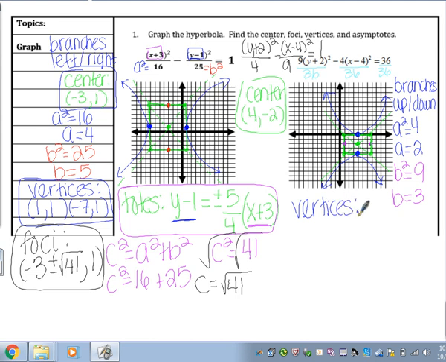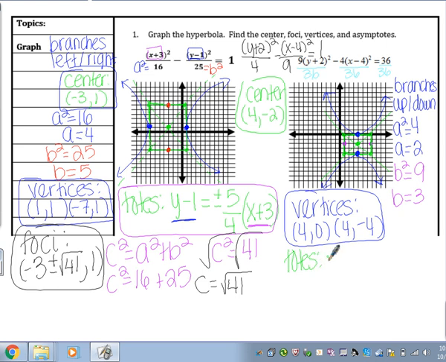So the vertices we can just pull off of the graph. So 4, 0, and 4, -4. Asymptotes.